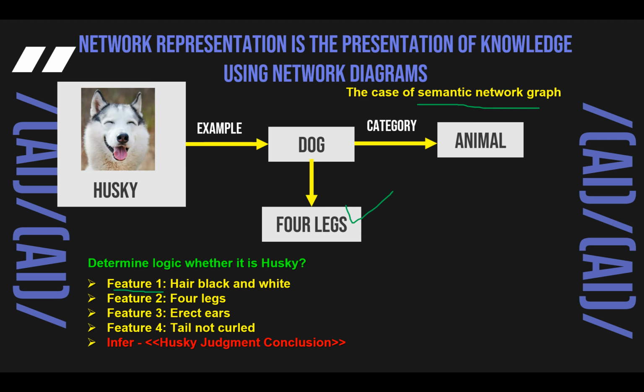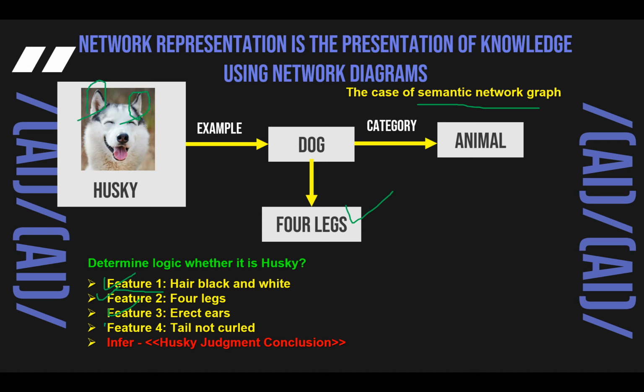And for the AI, the feature is a big word, because AI is like a child. If they need learning, if you put more big data for the AI, they will learn very quickly. And feature 2 is 4 legs. Feature 3, erect ears.